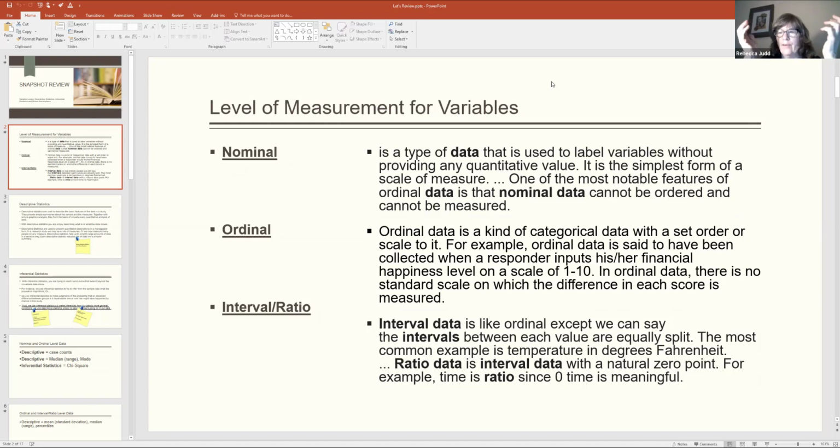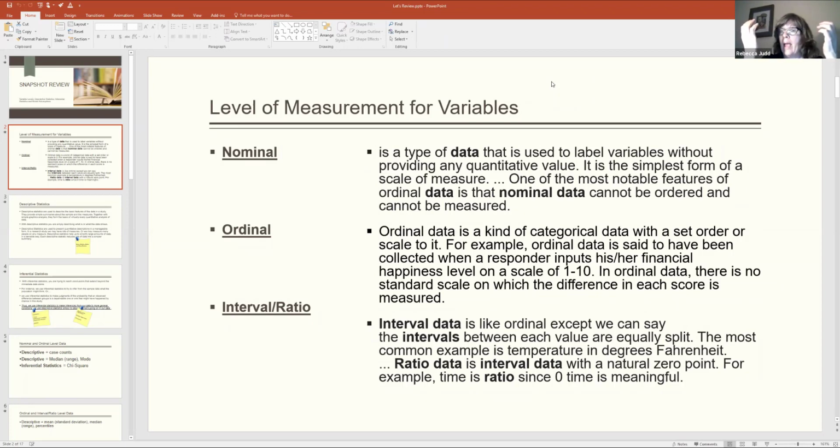At the nominal level, I could ask the question, are you over the age of 65? Yes or no? Maybe that's the pertinent question I need to ask, but that's at a nominal level. I could categorize my ages, and I could say, indicate the group where your age falls below.